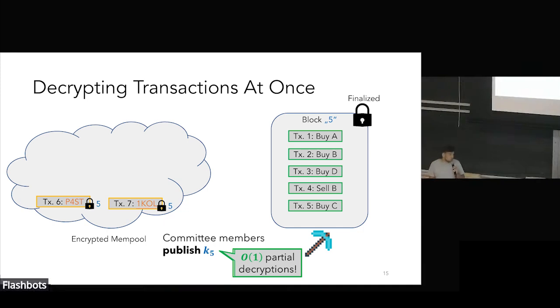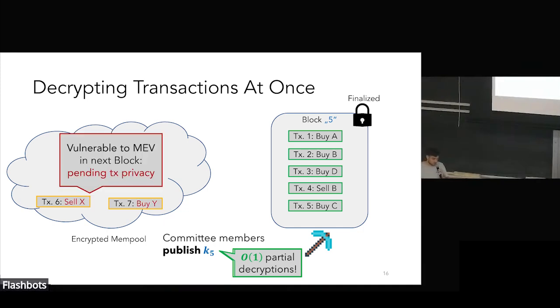So far, so good. However, there's a problem, because now we've published K5, observe that transactions 6 and 7 are still in the mempool, and because they have been encrypted to the same tag, they can now also be decrypted. And now we have basically 2 transactions in the mempool, which can be observed by whoever builds the next block. So basically, the next miner can just run MEV on them.